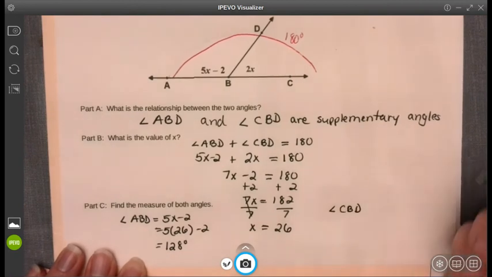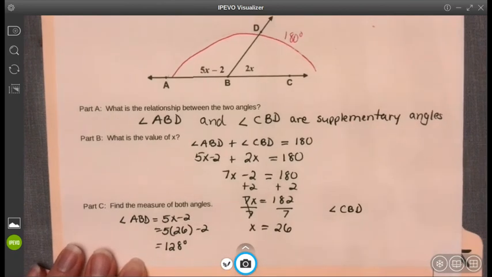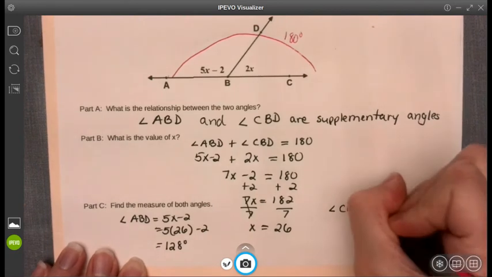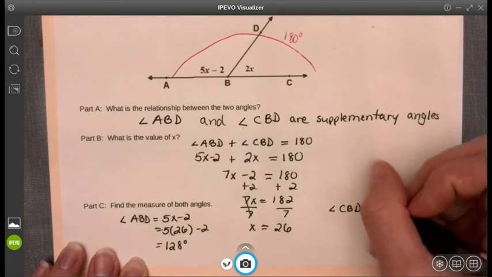Now I know some of you are saying, well, can't I just take 180 and subtract 128 from it and get my answer? You could, but what I'm trying to do is check to make sure that I did my math correct. So if you were to just subtract this from 180, if for some reason this answer was wrong, then you would get both answers incorrect.